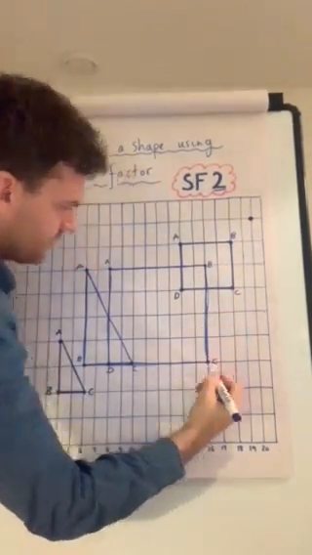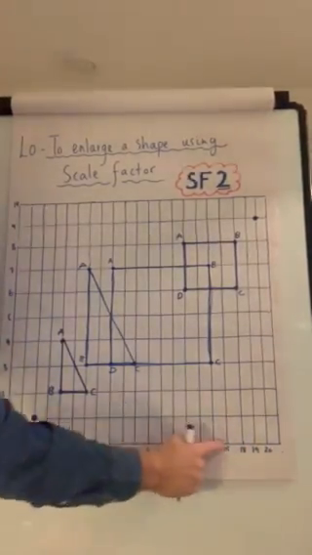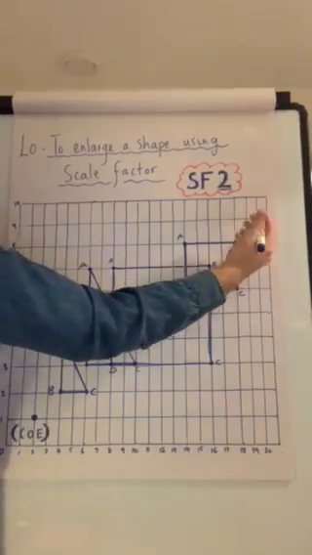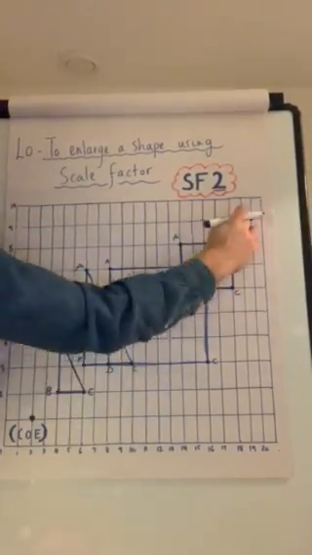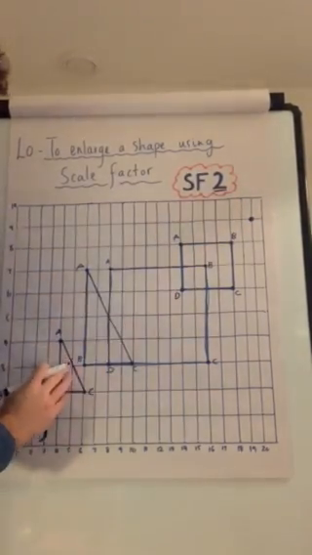And there we have it. So I used my center of enlargement, which was (20, 9). I counted each point of my shape and I enlarged it using a scale factor of 2.